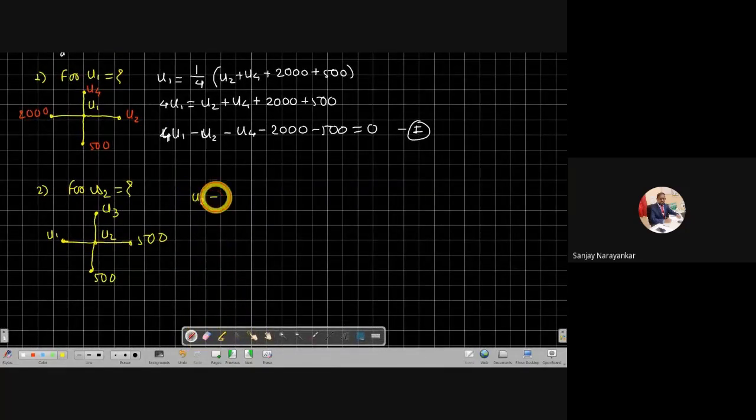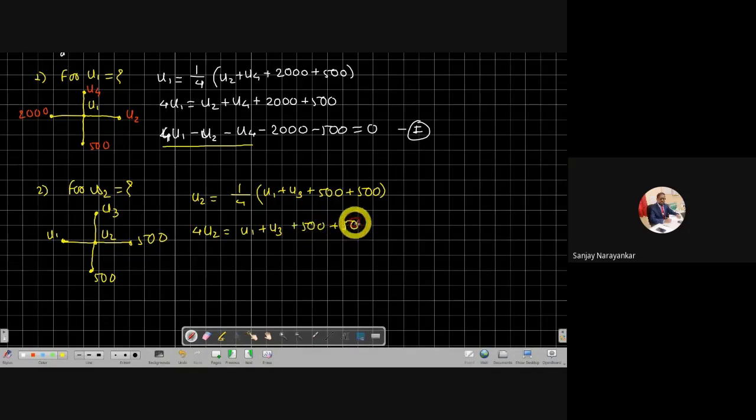Now let us write for u2. So u2 is equal to 1 by 4 of the summation of all these terms, that's so simple: u1, u3 plus 500 plus 500. Rearrange this equation: 4u2 is equal to u1 plus u3 plus 500 plus 500.